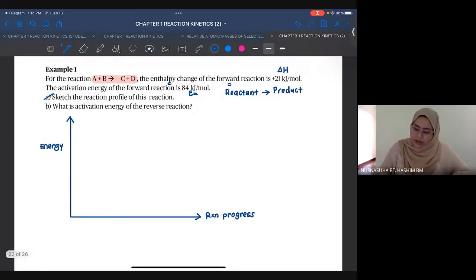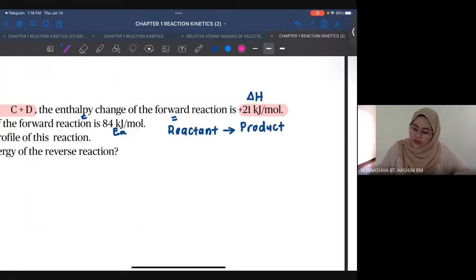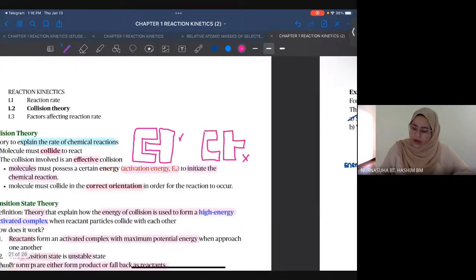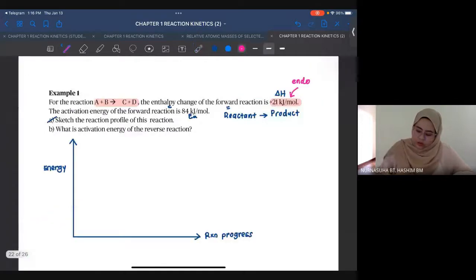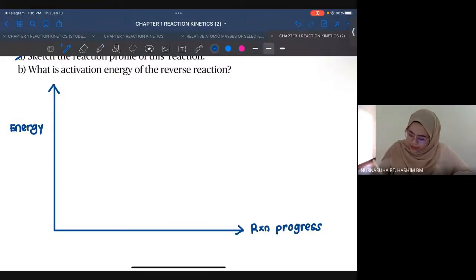Okay, so tengok balik enthalpy change dia. Ya, enthalpy change is positive. Kalau positif maksudnya this reaction is endo. Okay, cuba tengok balik. Kalau endothermic, energy of product is higher than energy of reactant. Okay, so buat je garisan, energy product lagi tinggi daripada energy of reactant.